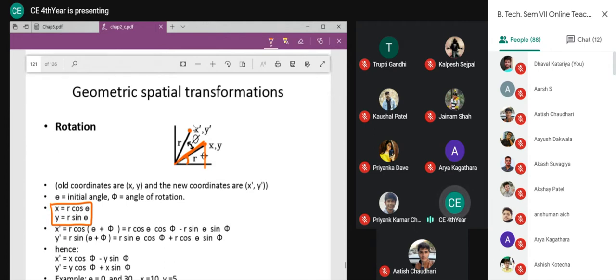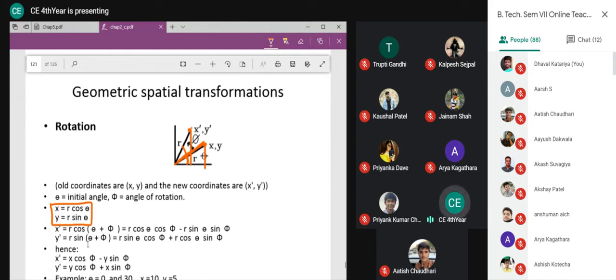Same way, what about x dash and y dash? x dash is r cos(theta plus phi), because now the angle is theta plus phi, and y dash is r sin(theta plus phi). Now you know that cos(x plus y) can be expanded to cos x cos y minus sin x sin y.